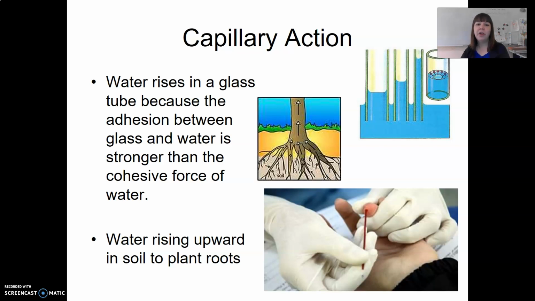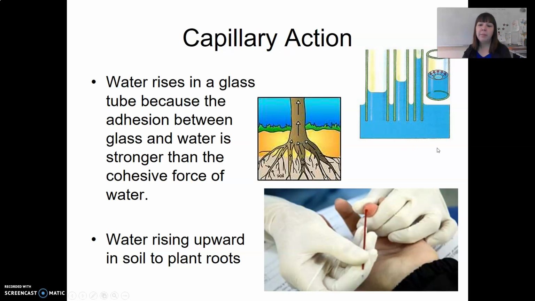So capillary action causes that water to actually raise up in the tube, and it doesn't have to be just glass. This is the way plants take in water through their roots. It's capillary action. The water clings to the sides of the roots and migrates upwards because they're wanting to adhere to the sides of the roots more than they're wanting to have cohesive forces with each other.